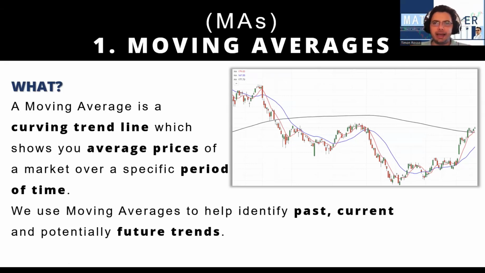So let's use a 7 moving average as an example. A 7 moving average is basically where you take the closing prices of 7 periods and you divide by the number of periods that you are looking at. So you would divide it by 7.